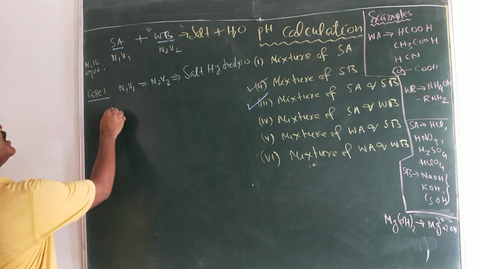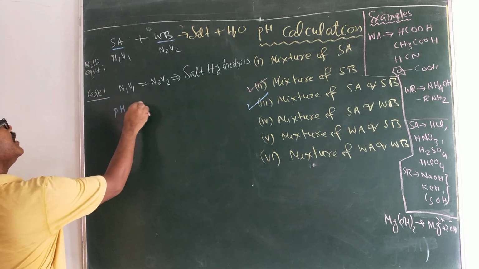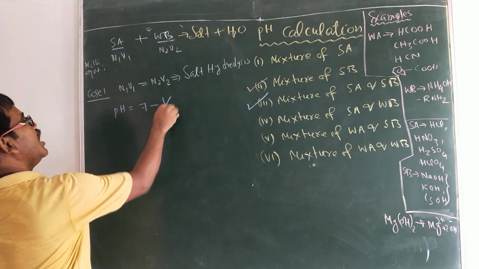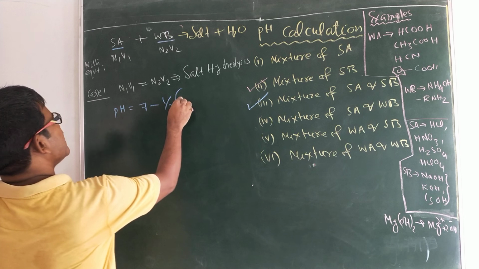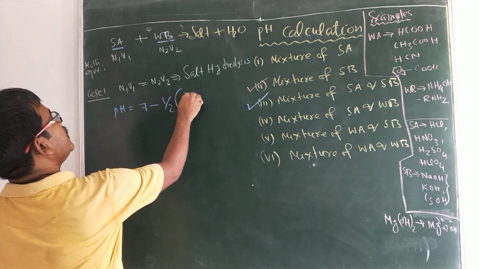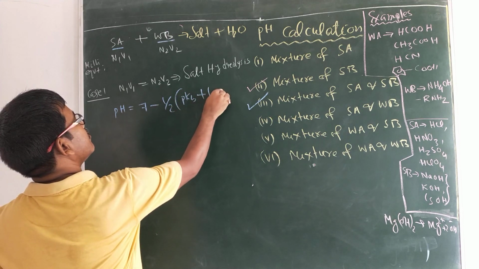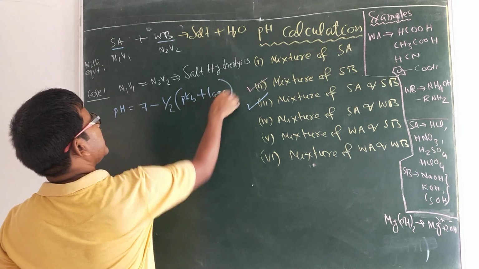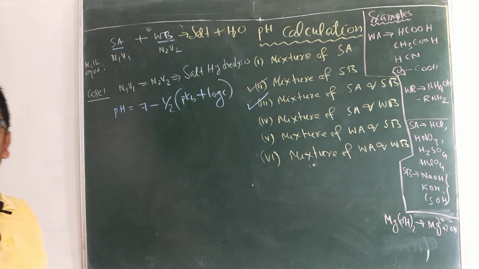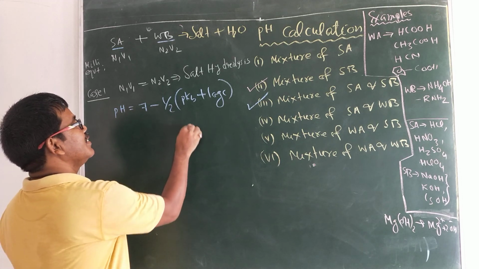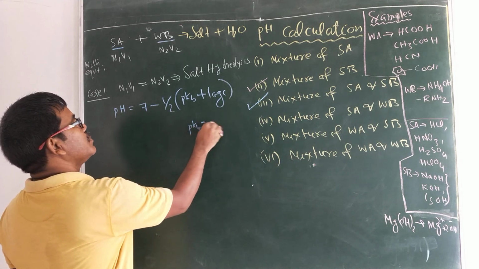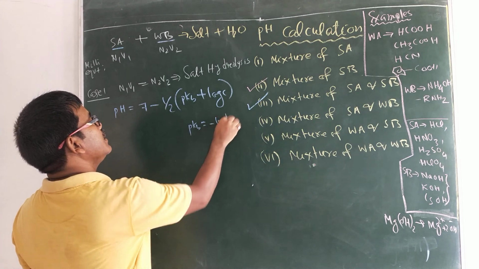In this case the pH is nothing but 7 minus half of pKb plus log C. What is pKb? pKb is nothing but minus log of Kb.